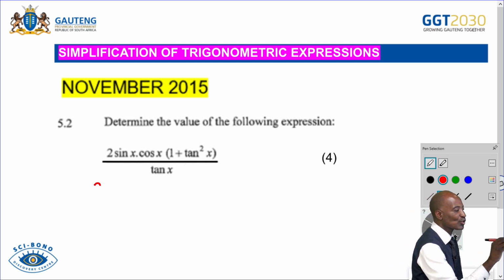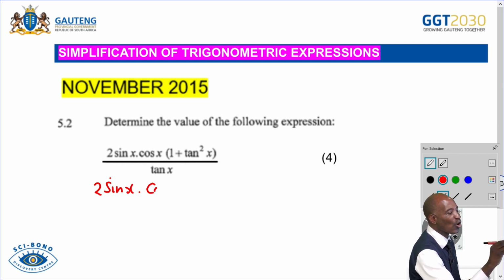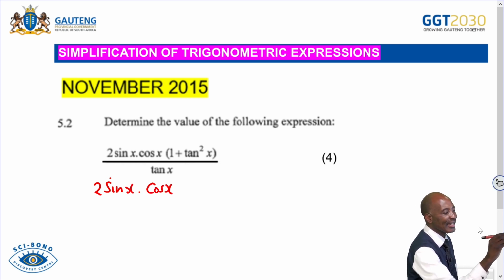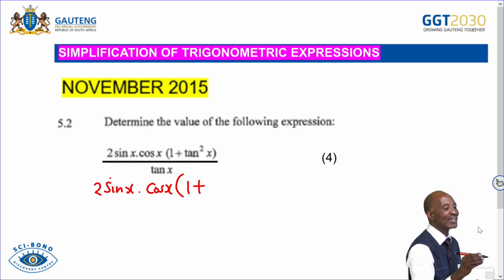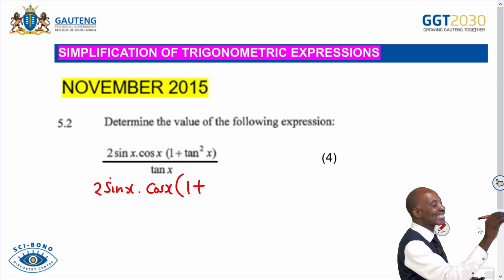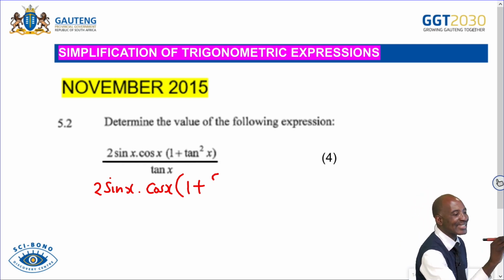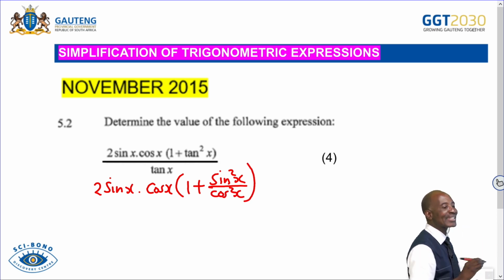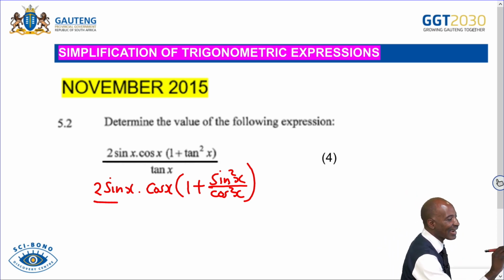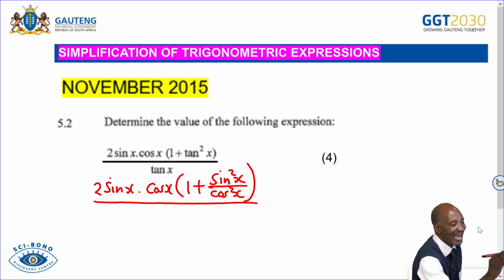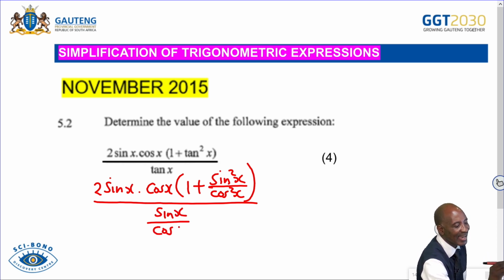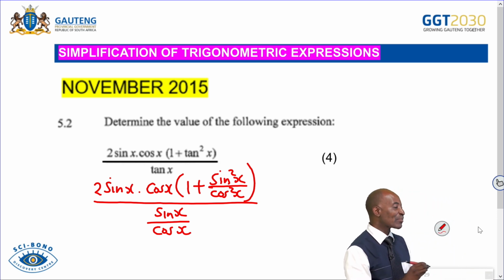Okay, 2 sine x multiplied by cos x into 1 plus, if I were you, I would break this tan squared so long and get sine squared x divided by cos squared x to avoid delaying the process. Divided by, you come to this side, sine x divided by cos x. This will allow you to simplify.